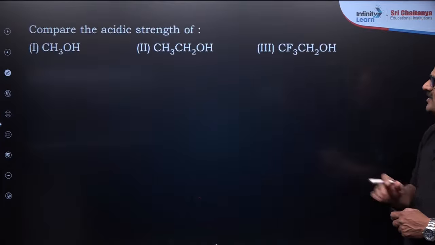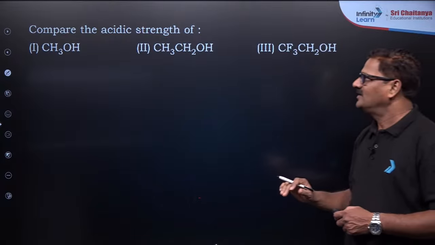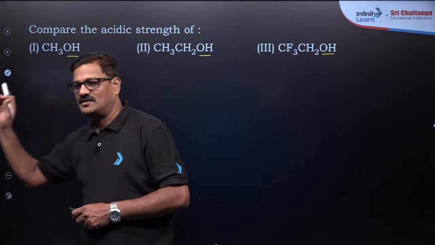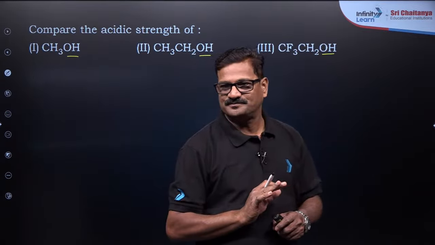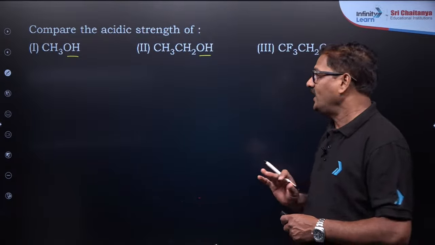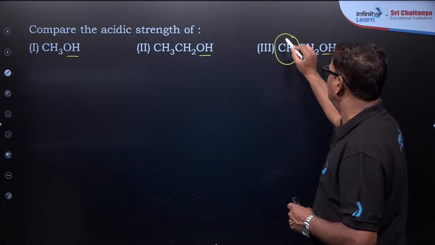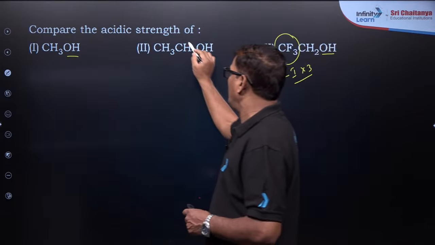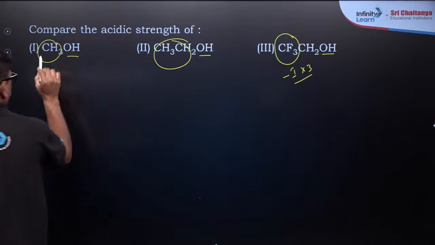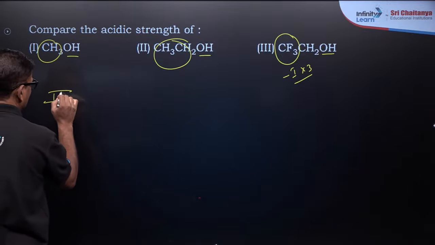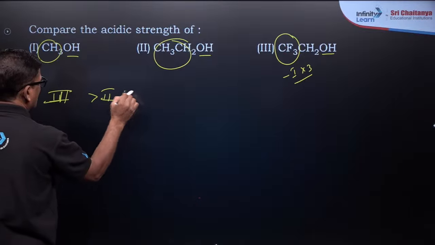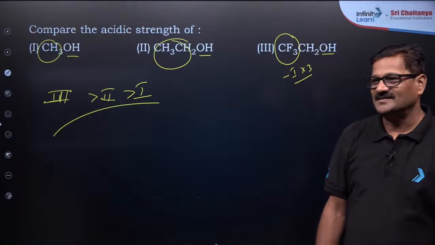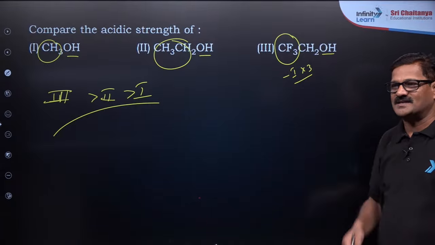And one more thing, compare the acidic strength. Alcohols are also acidic in nature, just like phenols and carboxylic acids. Here the inductive effect of CF3 is three times. The positive inductive effect of this one is lower. 3 is greater than 2 is greater than 1. That is the order.